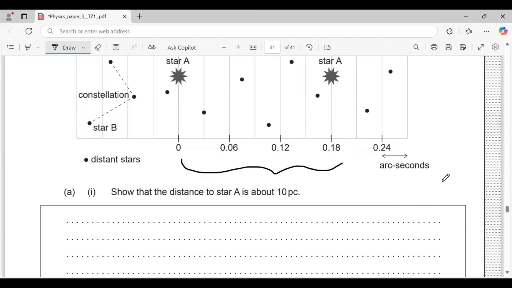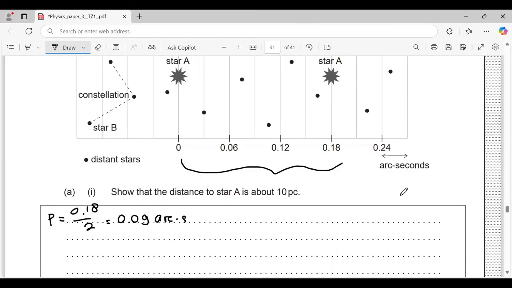So, right, the parallax angle is half of this arc second, half from this star to this star. So it means the parallax equals 0.18 over 2, 0.09 arc second, like that. This is the unit.